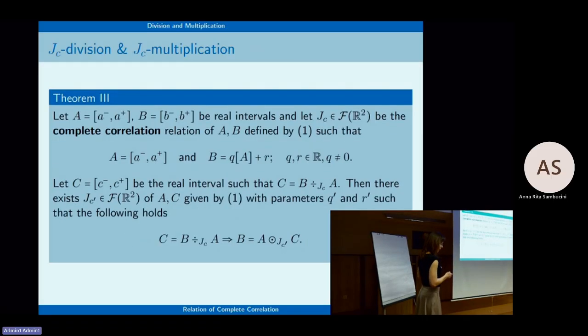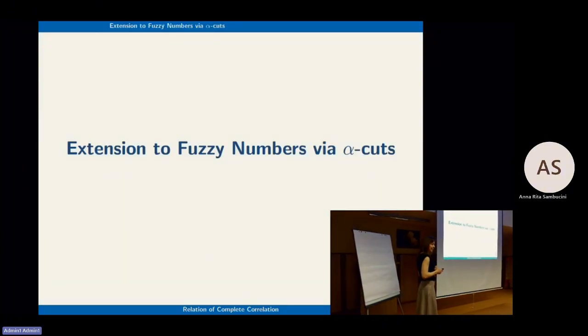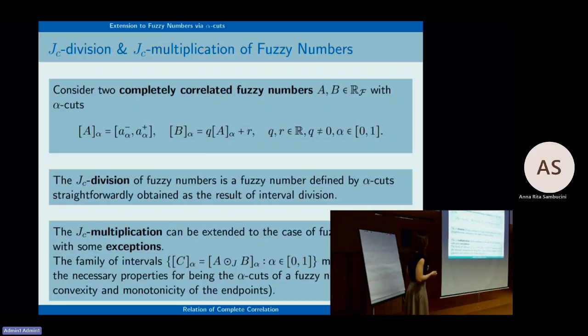This one is very short, and it's just about whether it's possible to extend to fuzzy numbers via alpha cuts. Let me say that in the case of division, it's easy. The definition is actually the same for alpha cuts. But in the case of multiplication, it's not straightforward because there were these exceptions, and we cannot guarantee that it will be a proper fuzzy number.